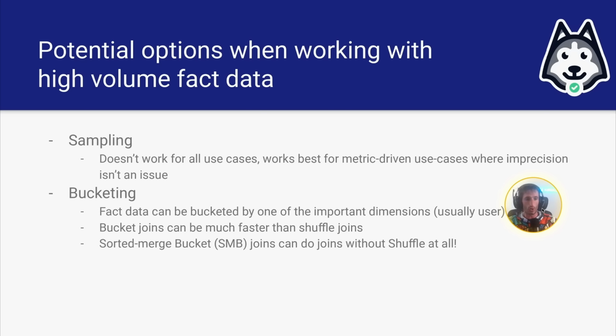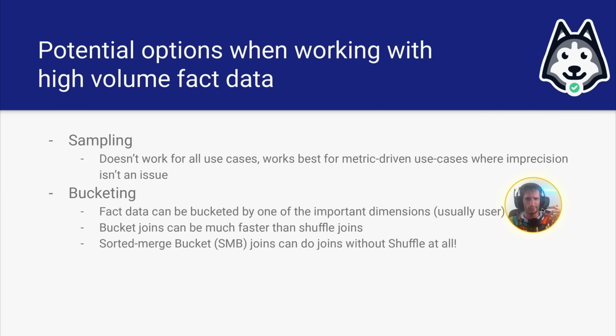The cool thing about that is if you need to join on that column, then you can join on that column and you don't have to shuffle across the entire data set. You just join within the buckets, and then it can be a lot faster. So you can do bucket joins. That is something we are going to cover in week 5 for the infrastructure track: how to do bucket joins in Spark, and it helps minimize shuffle.